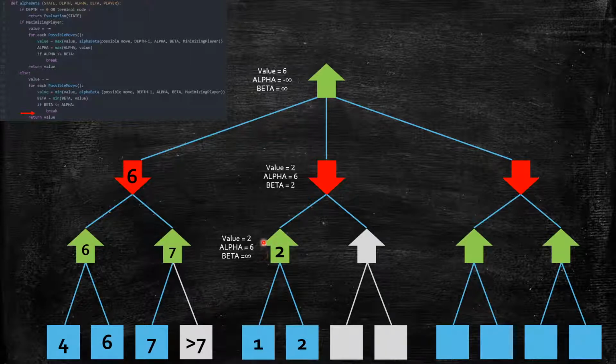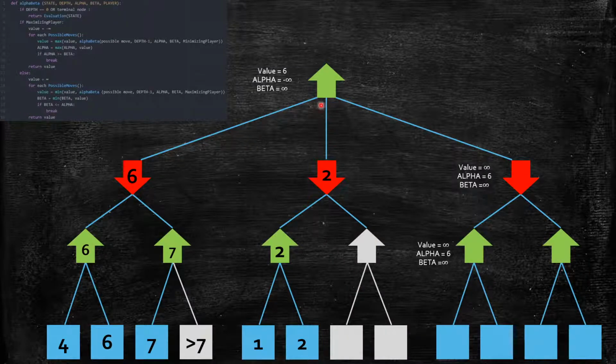The choices are currently 2 and something else. This player would have chosen at least 2 or greater, and we're not going to choose that. We know we're not going to choose that as the maximizing player, so we're going to go with whatever this value is over here. We're going to go with the 2. That means we don't have to check these branches.